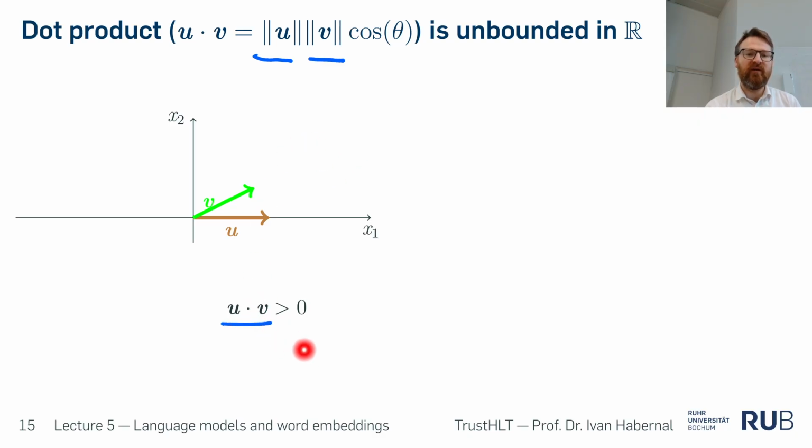Okay. So now, these were on the circle, but of course the dot product is unbounded. For U and V, this angle is smaller than 90 degrees, so the dot product will always be bigger than 0. But if you make this vector longer, let's say a vector W, what happens with the dot product? Will it be smaller or bigger now?